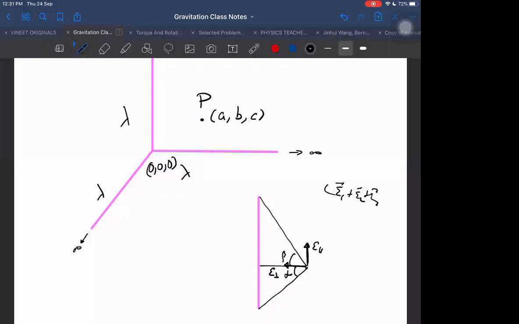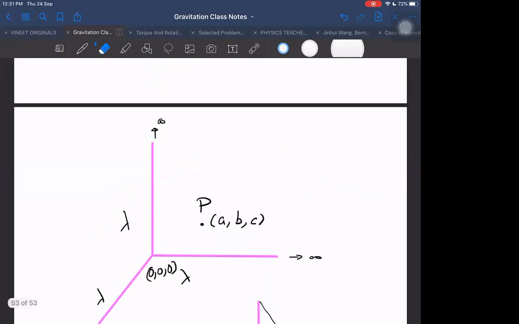If I tell you this point is in this direction, then how will it help us get the direction of the E1 vector, E2 vector and E3 vector? How will it tell us that direction? Because it is a three-dimensional thing. For example, it may be something like this. This is one.